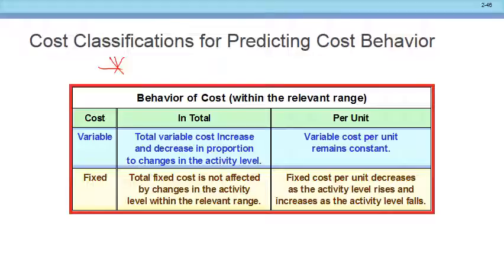Because my variable costs per unit are going to be the same, but my fixed costs per unit are coming down, aren't they? So if I produce 3 units, my fixed cost per unit is 33,333, whatever, and my variable cost per unit is $1.